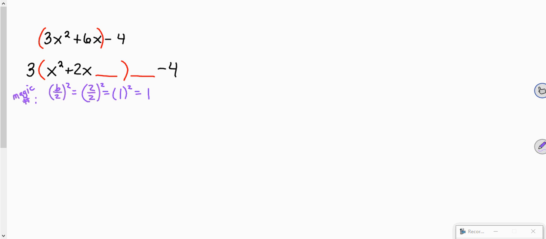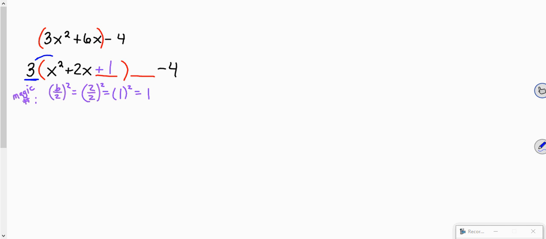So now I've got, well, I'm going to go ahead and put the 1 in here. So my 1 goes in here. Okay, now what is going to go in the slot outside the parenthesis? Okay, now keep in mind, this 3 has been factored out of all 3 of these terms.